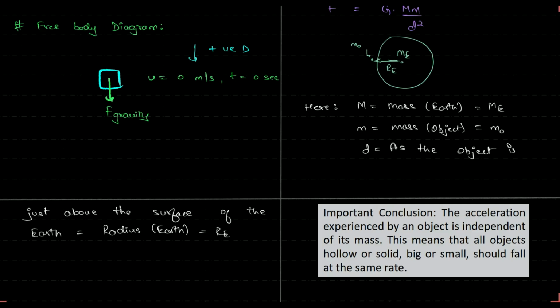So all of it you need to substitute in. Therefore F gravity will be equal to G times the mass of the earth times the mass of the object, divided by radius squared.